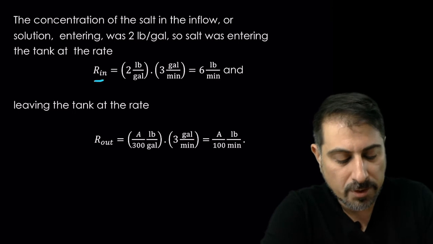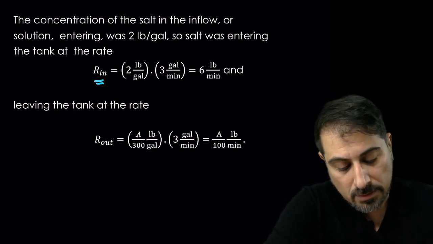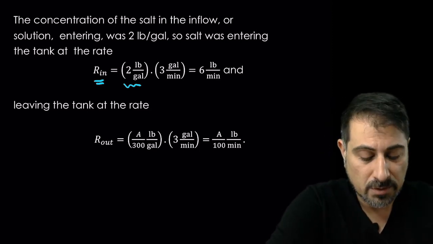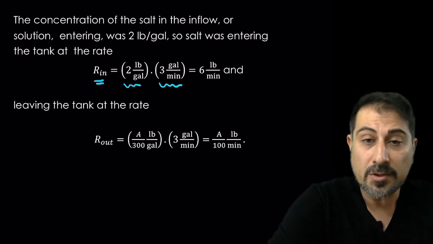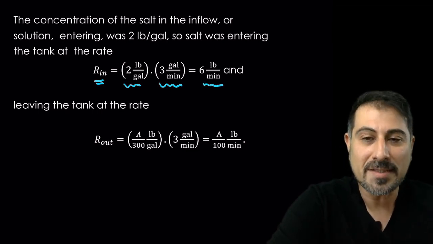Here we go. So R_in, the incoming rate, is the product of the rate 2 pounds per gallon, which is the concentration of salt in the brine solution that's pumped in, and the rate of 3 gallons per minute. So now we have 6 pounds of salt per minute coming into the tank.